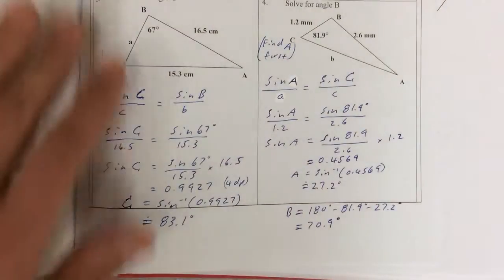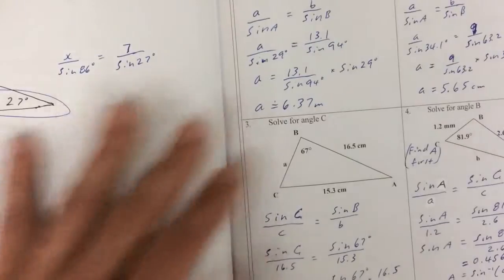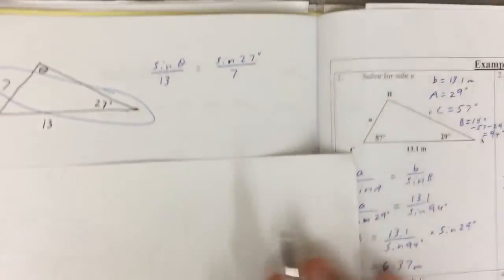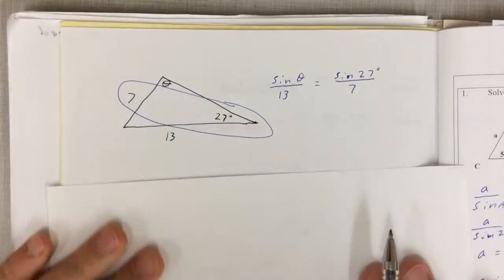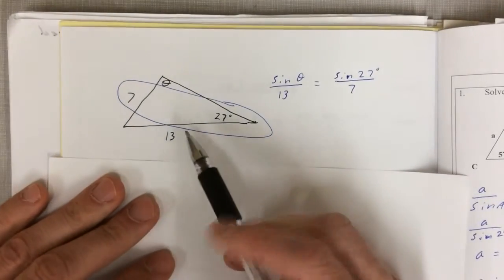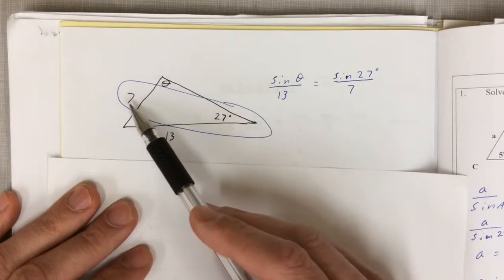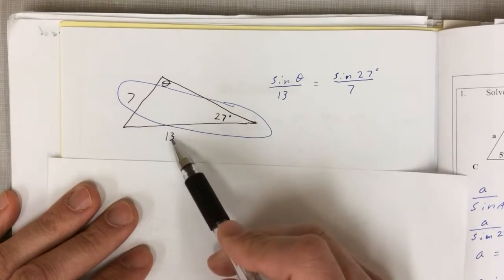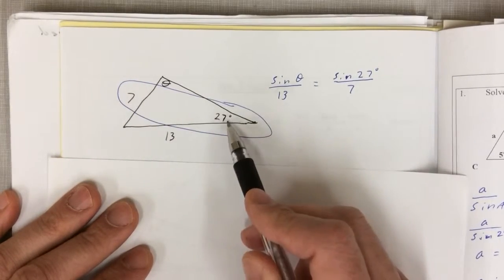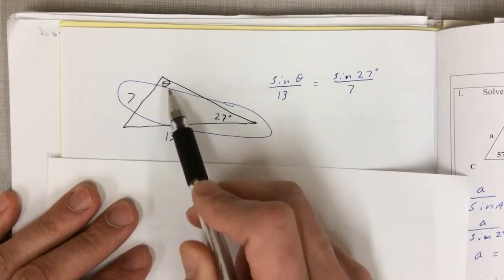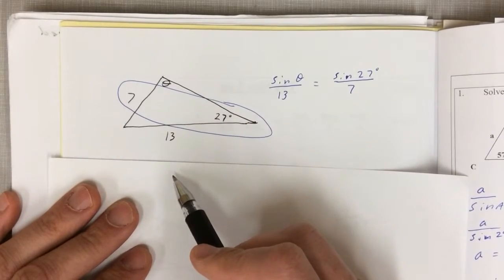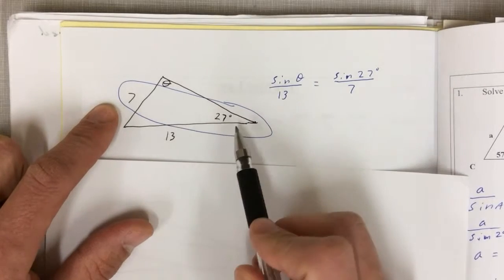The situations where you would use the sine law, well, here's one. Say you had a triangle that looked like this, and you're given 7 and 13 as sides, and the angle here is 27 degrees, and you wanted to find that angle. Well, you need to look at opposites.